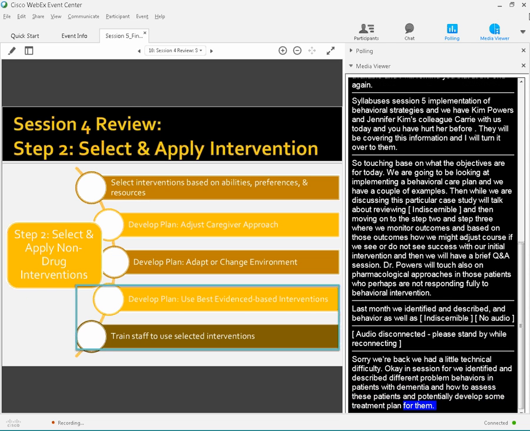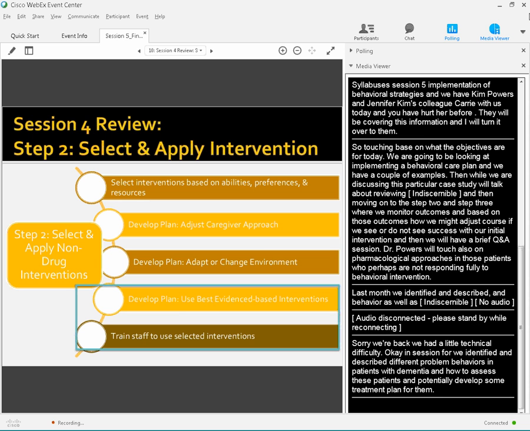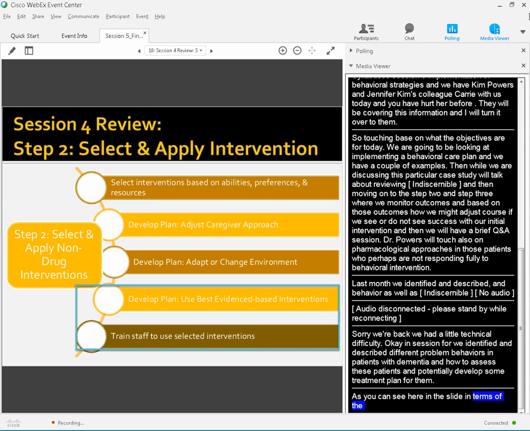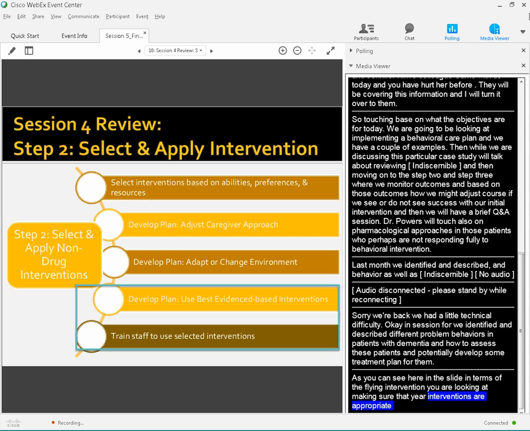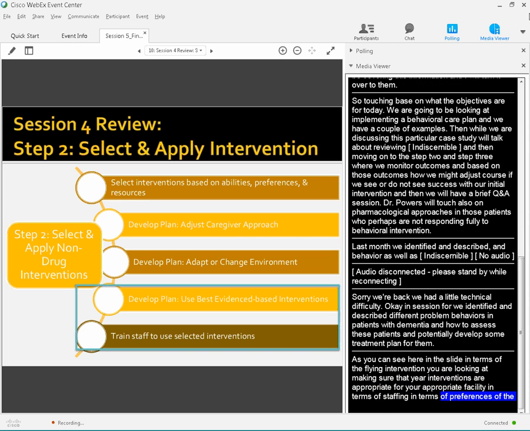Okay. And as you can see here in this slide, in terms of selecting and applying the intervention, you're really looking at making sure that you're choosing interventions that are appropriate for your particular facility in terms of staffing, in terms of the preferences of the actual patient and family, and the available resources that you have.